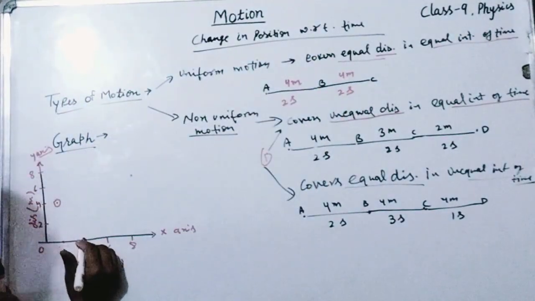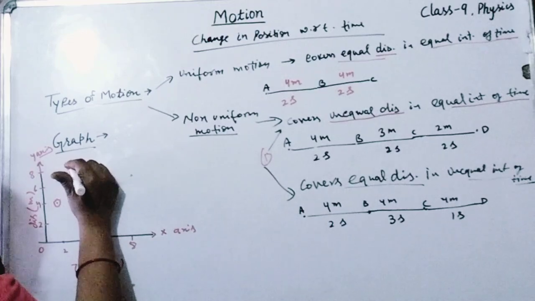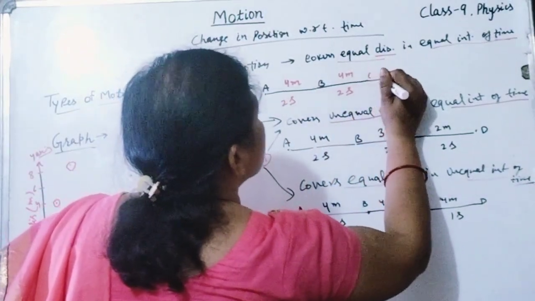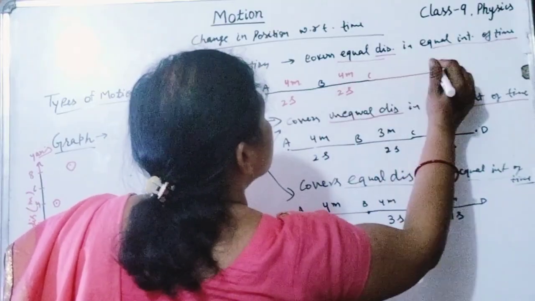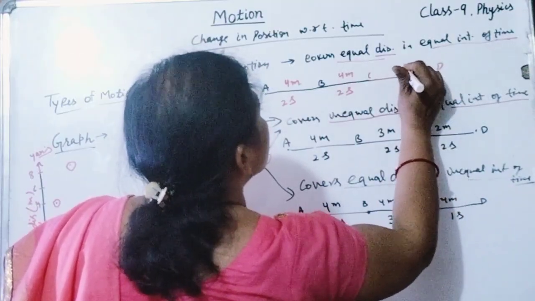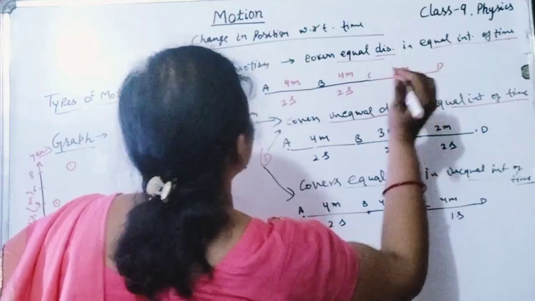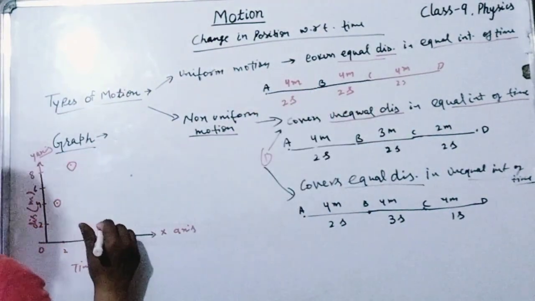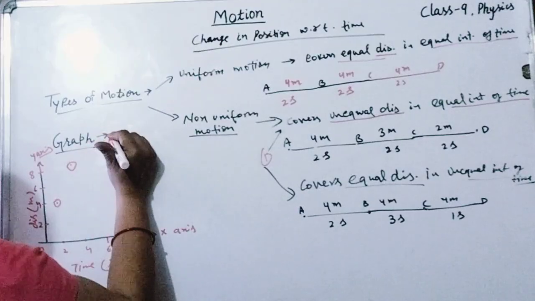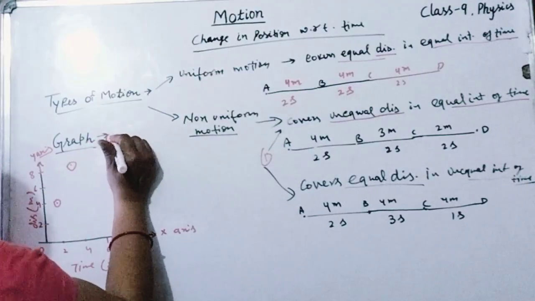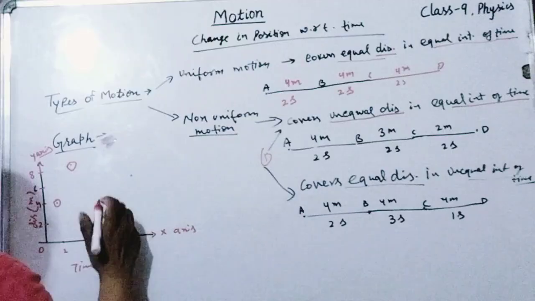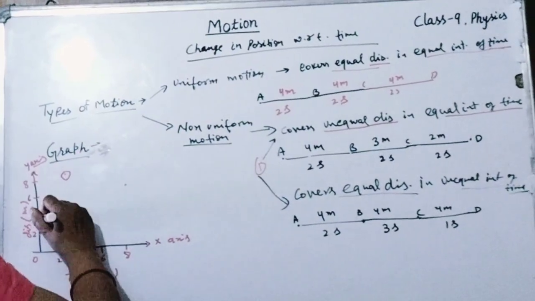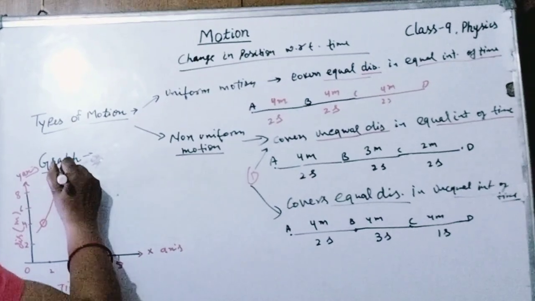Drawing the graph further, in the next 2 seconds, that is in 6 seconds, the object covers 12 meter, and we can plot that point. Now draw the line and you can see the line is a straight line.